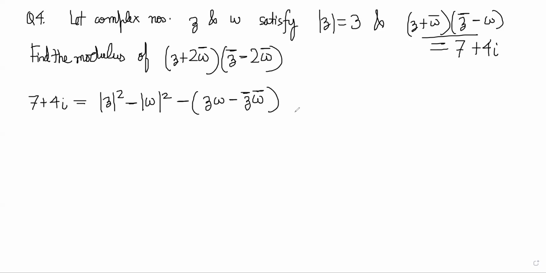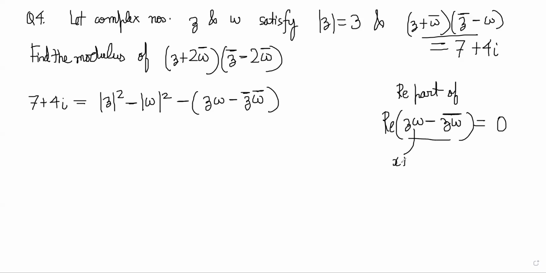This is what we get after simplifying. And now we know that the real part of zw minus zw whole conjugate is obviously going to be 0. Because if this is x plus iy, this is x minus iy. So when you subtract, x will get cancelled, right? It will be a purely imaginary number.